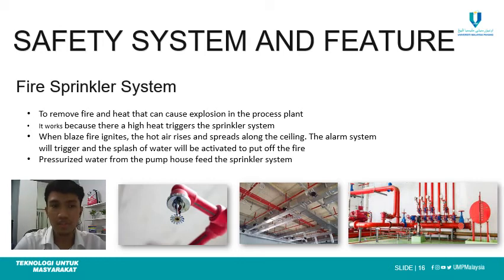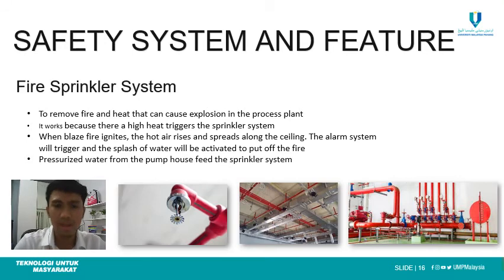The first safety system featured is the fire sprinkler system. The fire sprinkler system is used to remove the fire or heat that can cause an explosion in the process plant or factory. This system works because high heat triggers the sprinkler system alarm.